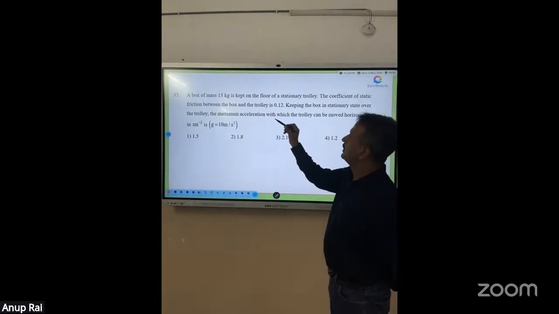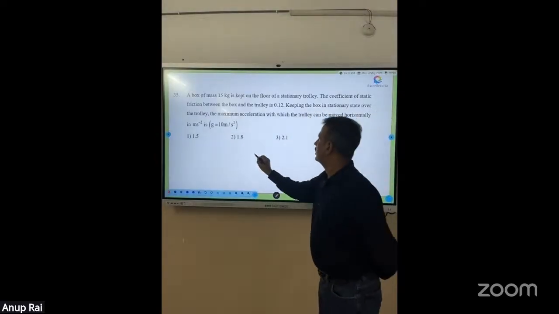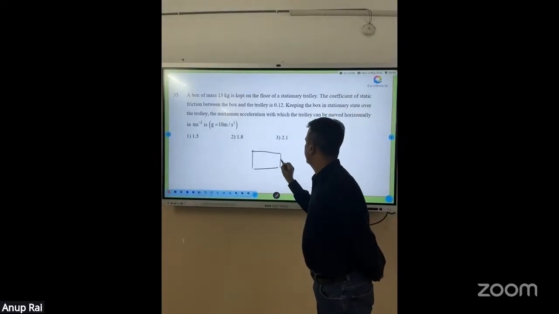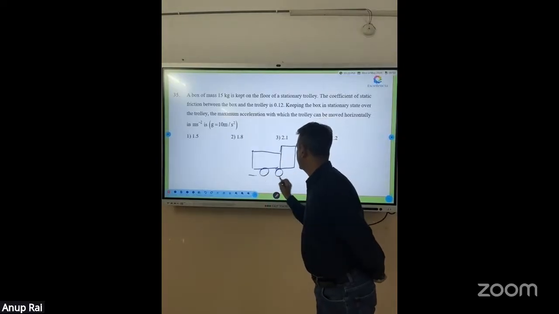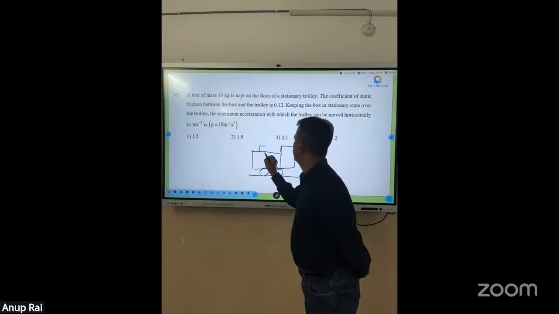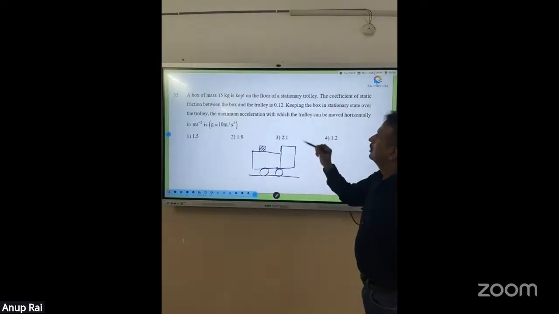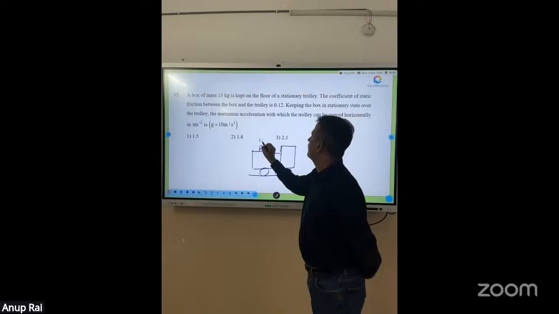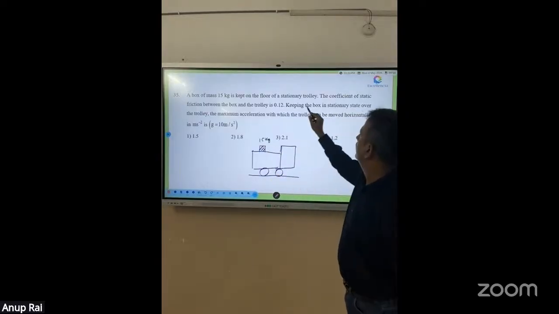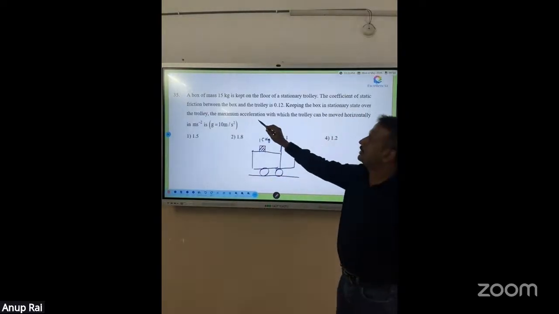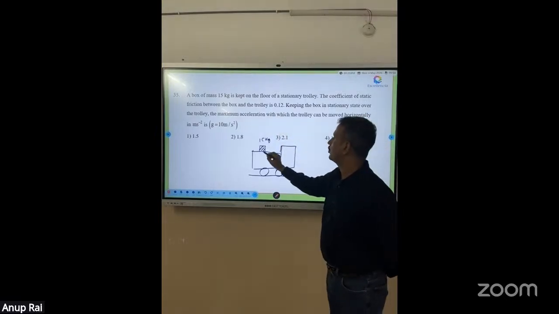A box of mass 15 kg is kept on the floor of a stationary trolley. Let's say this is the trolley, and here is the box kept. 15 kg mass is there. The coefficient of static friction between the box and the trolley is 0.12.